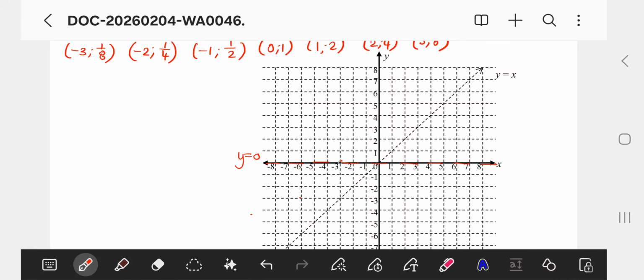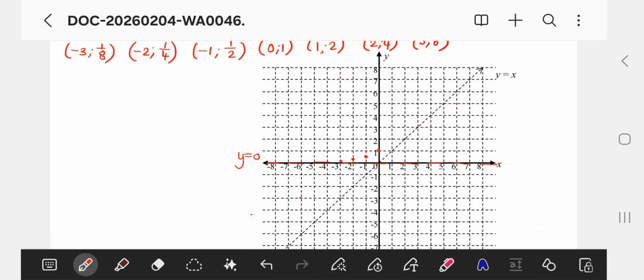Okay, so here I've got it, right? Slightly above the line to show that it's the 0.125. Next, I've got -2 and 1/4, which is going to be a little bit above that. Now, it's difficult with these values because they are so small and these blocks are so tiny. We've got -1 and 1/2, so that's going to be directly in the middle.